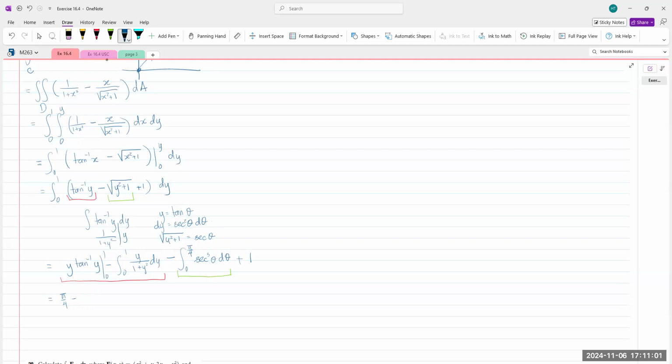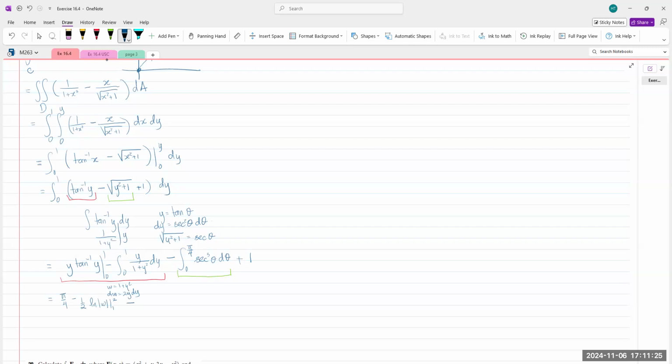If I use w equals 1 plus y squared, dw will be 2y dy. That's where I get the 1/2. And then natural log of the absolute value of w from 1 to 2.